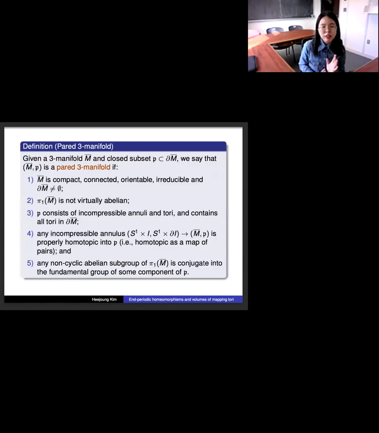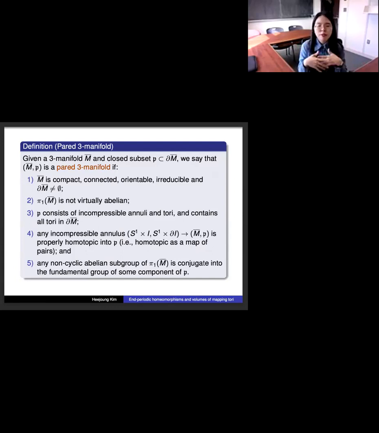So here is the definition. Given a three manifold M bar and a closed subset, which we call the pairing locus P, we say that this pair is a paired three manifold if the manifold is compact, connected, orientable, reducible, and the boundary of M is non-empty.